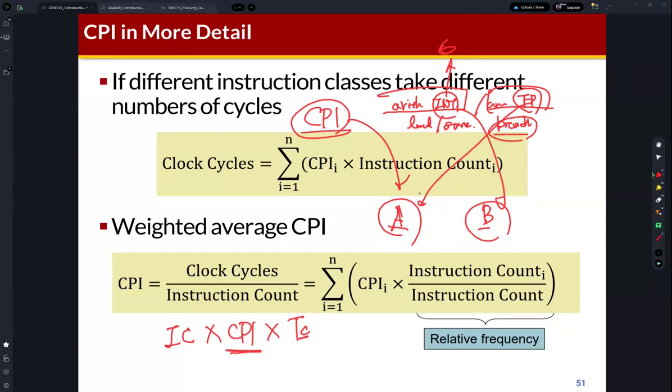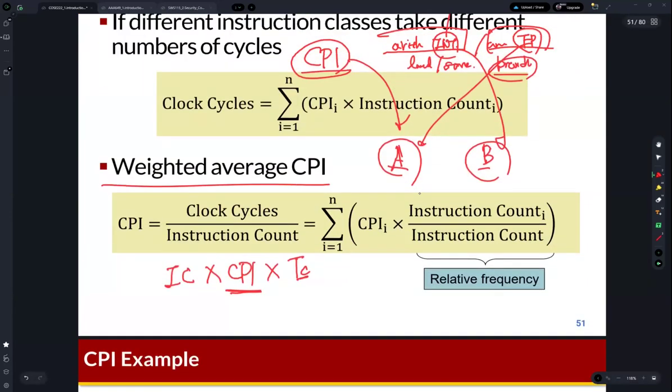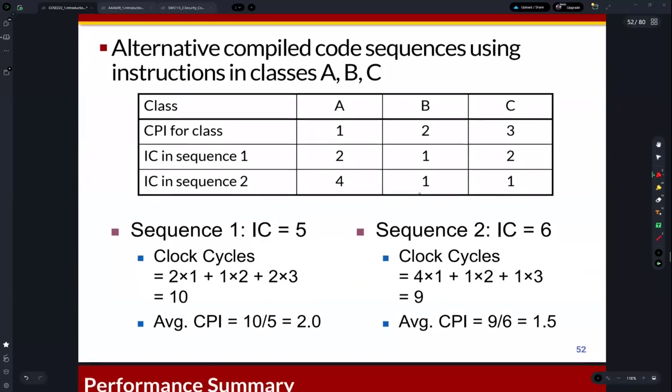Okay? Then let's see how. We need to calculate the average CPI like this. So let's see the example.